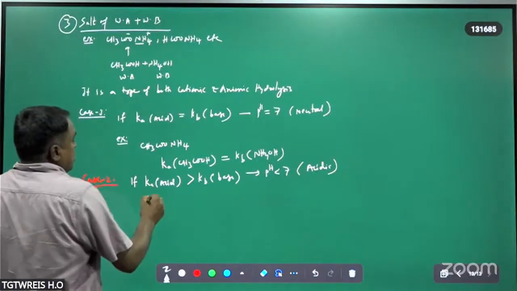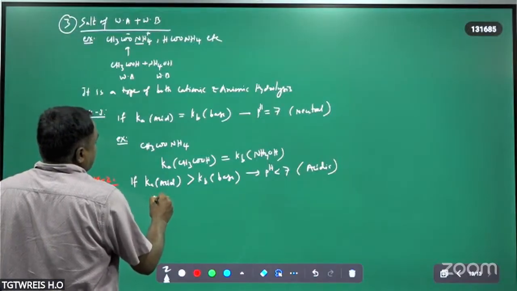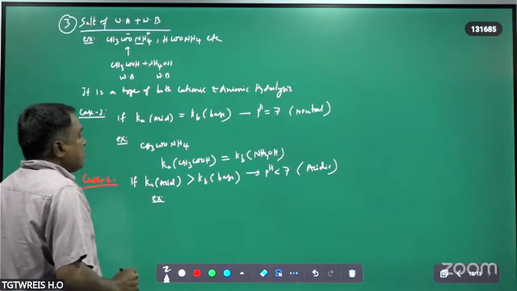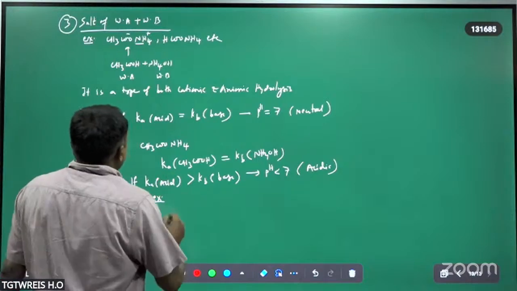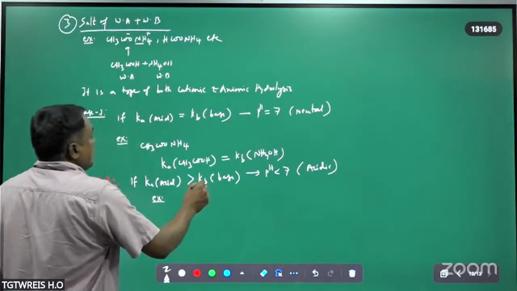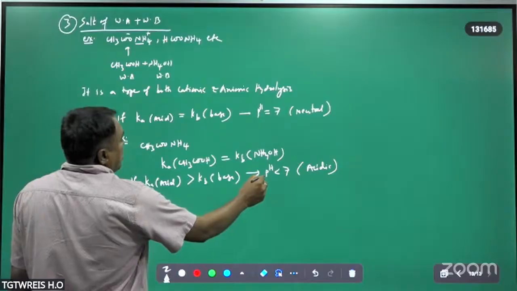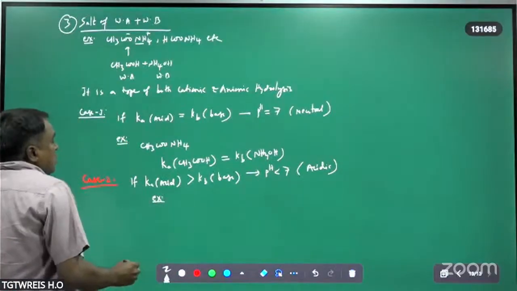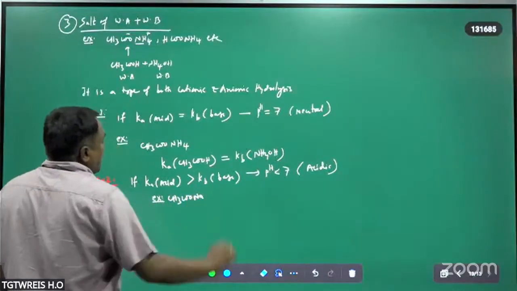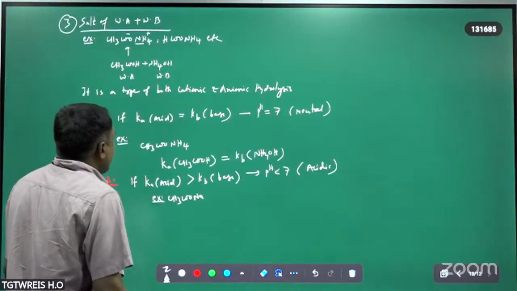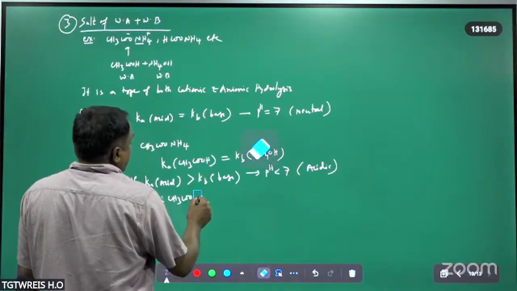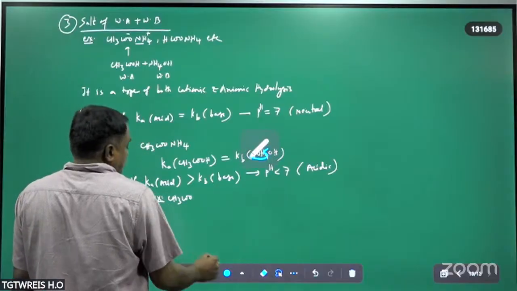For example, HCOOK. Here the acid dissociation constant is higher than the base dissociation constant.